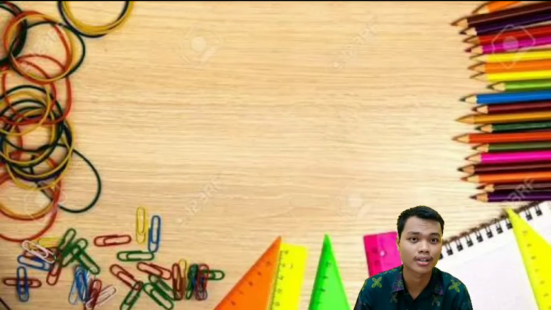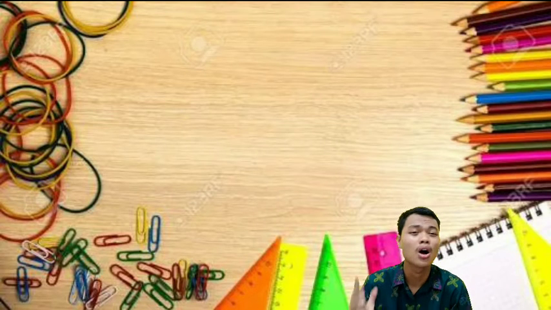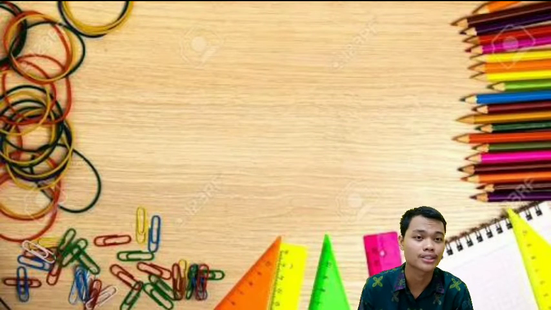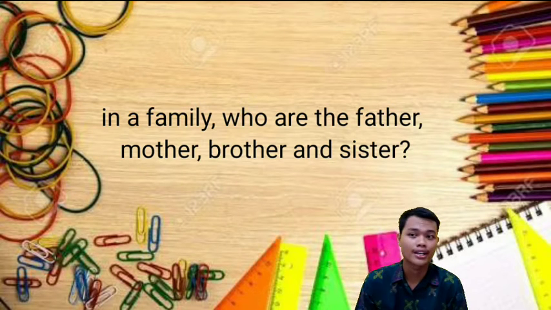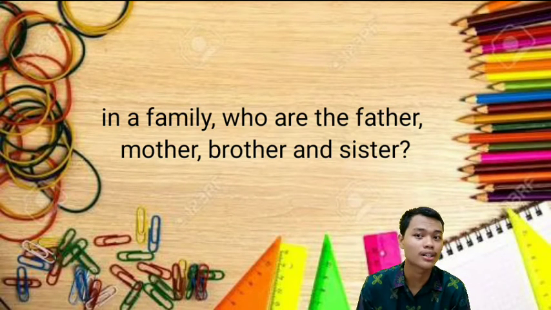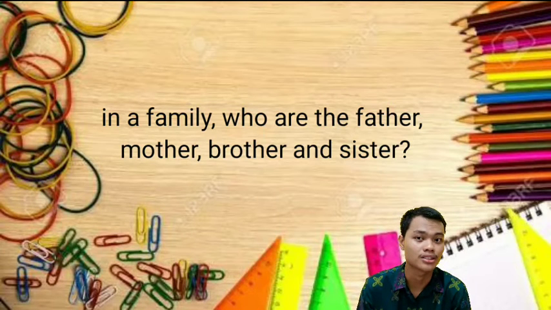Well, now we will discuss the material. In everyday life, we can find a connection between set, relation, and function. For example, one example of function. In a family, who are the father, mother, and a sister?